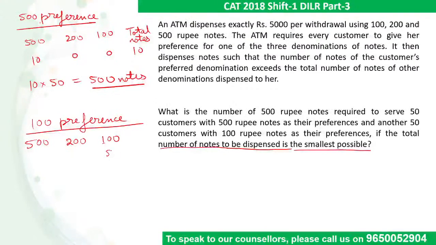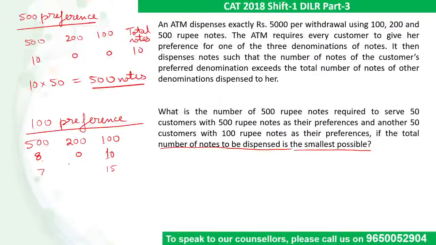If I put 5 notes, I cannot put another 4500, right? So I take the next multiple of 5, which is 10. If I put 10 notes, can I make 4000 of the remaining with less than 10 notes? Yes, I can make it like this. I can have 8 notes of 500 and 10 notes of 100, right? So total notes I will be using is 18, right? That is the minimum number of notes. Because if I increase this number, 15 and 7, it is more, right? So I'll have to minimize the number of 100 rupee notes.